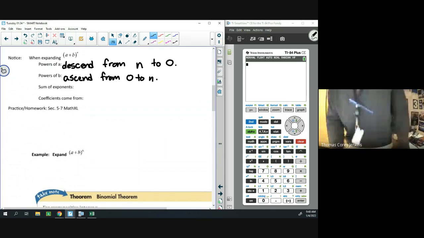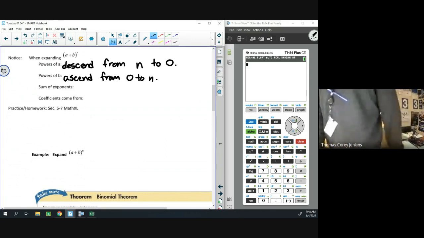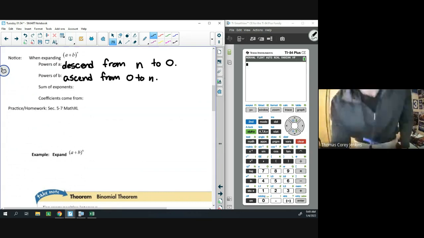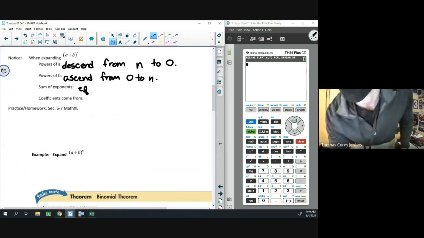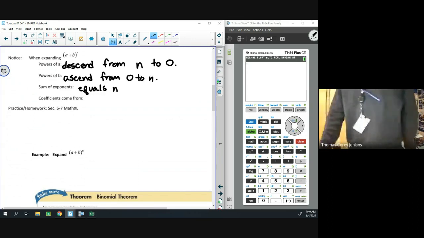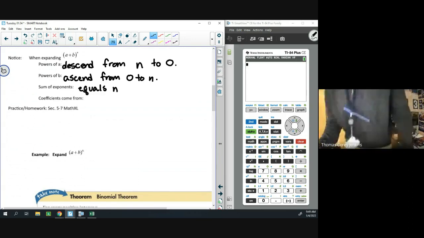All right, the sum of the exponents. There's an exponent on the a term and an exponent on the b term. The sum of those exponents is always whatever n is, so we can just say equals n. And then the coefficients come from, here's where we use Pascal's triangle, okay?